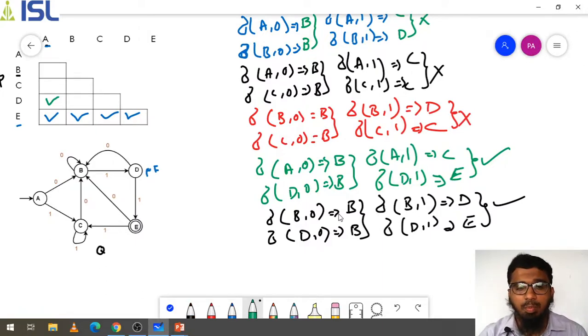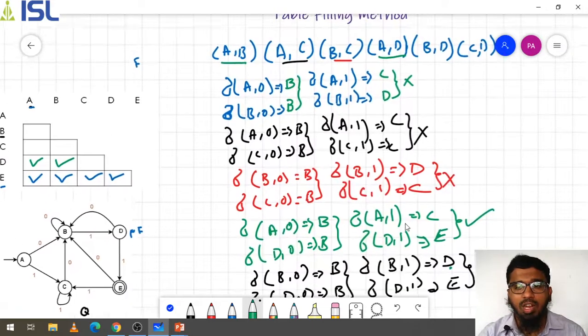Why is it accepting BD? Because D is a non-final state and E is a final state. So this is also accepted. Next one, what is the last one?